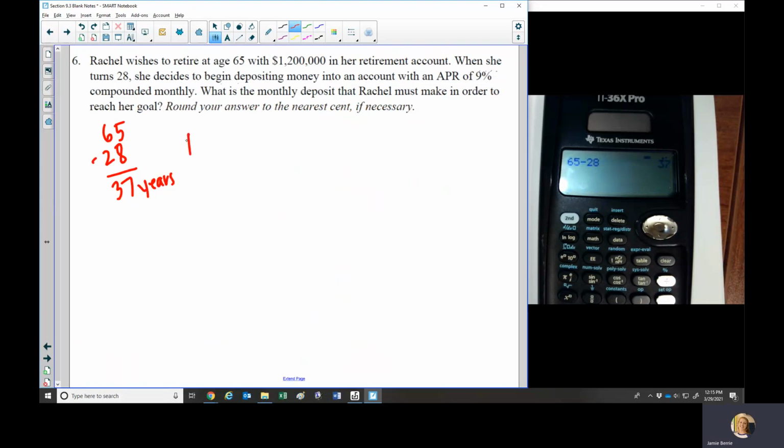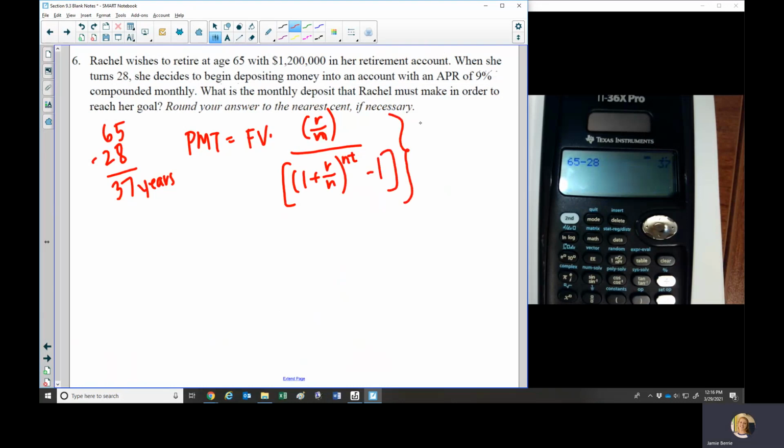All right, so let's write our formula. Payment equals future value times R over N, divided by, big bracket, parentheses, 1 plus R over N, raised to the NT, minus 1. All right, let's write down what we're plugging in.